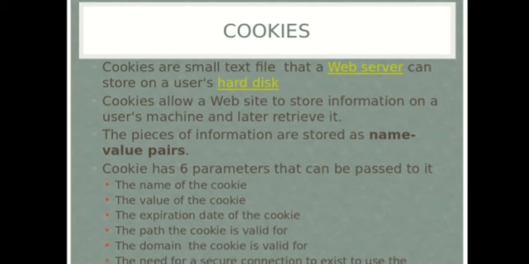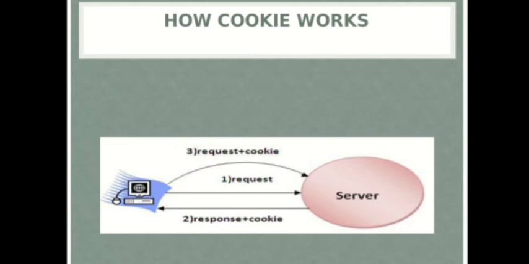There are various parameters for cookies: name of the cookie, value of the cookie, expiration date, path the cookie is valid for, domain name the cookie is valid for, and whether a secure connection exists or not. This is a simple example of how a cookie works: the browser sends a request plus the cookie, because that cookie is already available on the user's computer.